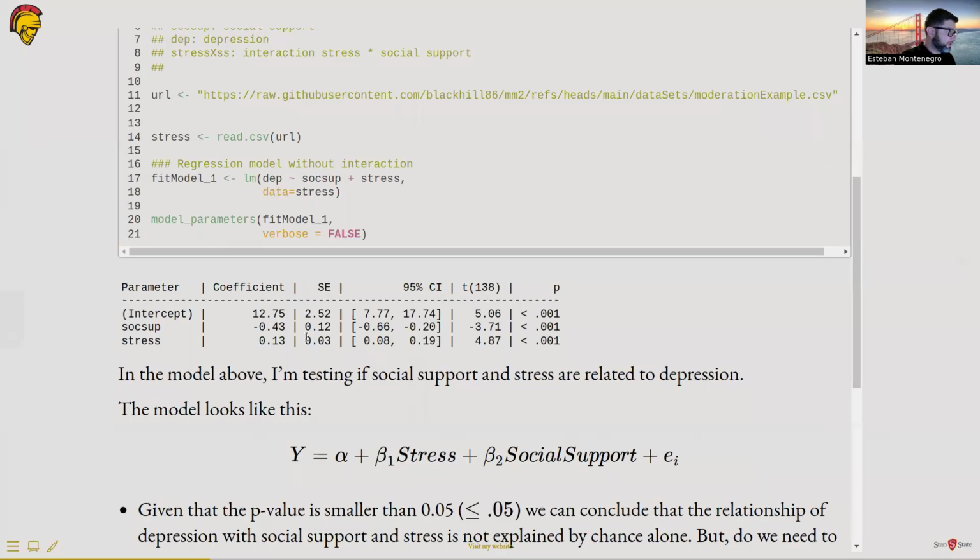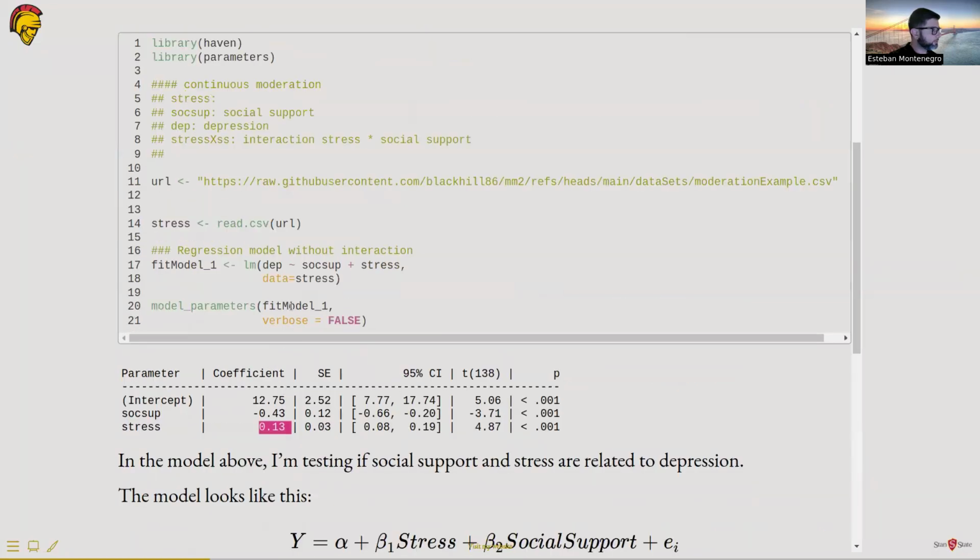Oh, and let me give you the interpretation. This means that for 1 unit increase in stress, depression increases 0.13 units, right? That's what it means. I actually don't remember if this data is standardized, to be honest.